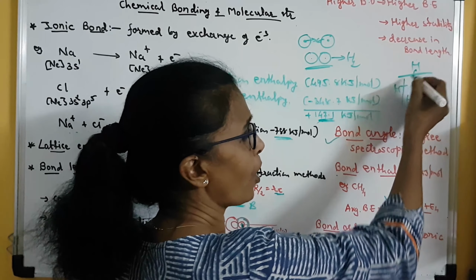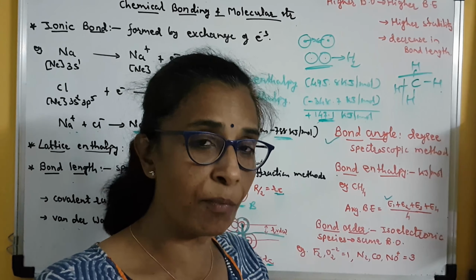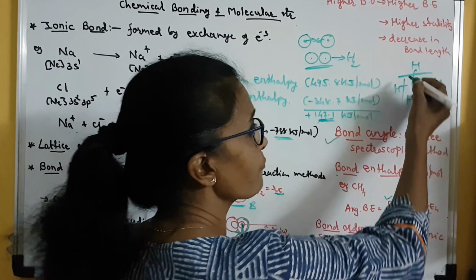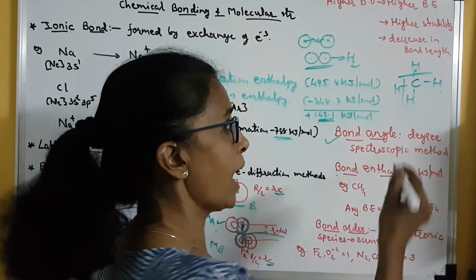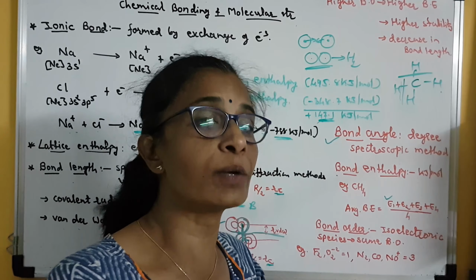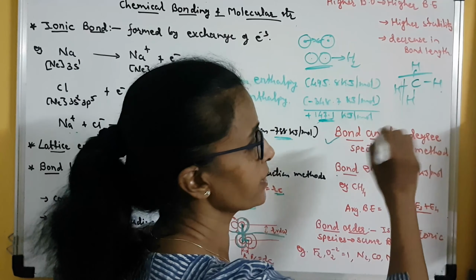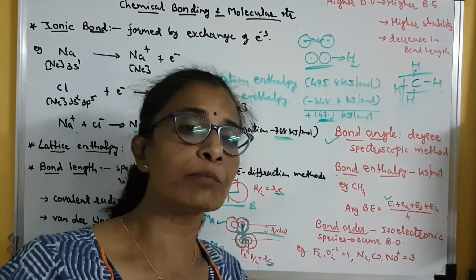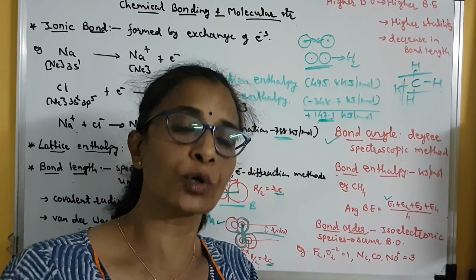Though the type of bond is the same, a covalent single bond between carbon and hydrogen only, even then, after one bond is broken, the reactivity of the molecule changes, and so the amount of energy required to break the second bond will be different. When the second bond is broken, again the reactivity will change. So the energy required to break the third bond will again be different, and the energy for the fourth bond will be totally different.